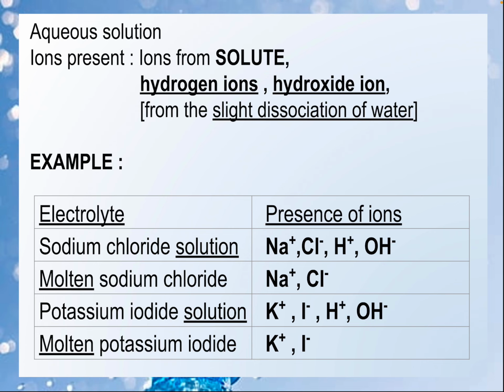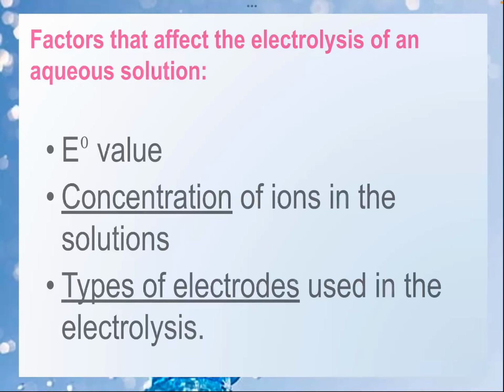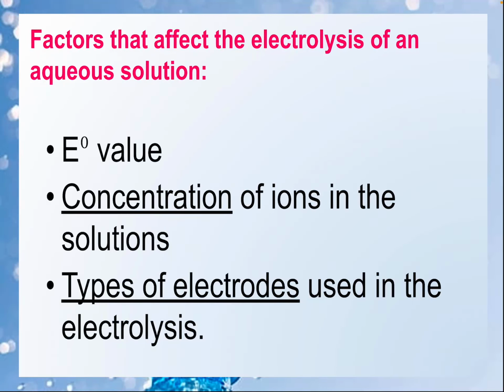Okay, next. So kita akan tengok disebabkan dalam aqueous solutions ni there are more than one ions yang akan attracted to each electrode. Kalau awak ingat lagi, ions yang free moving ni akan attracted to different charge electrode.